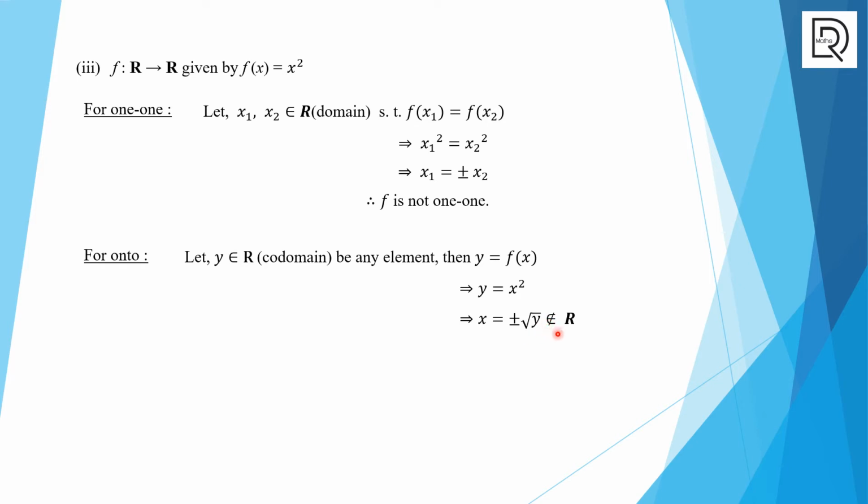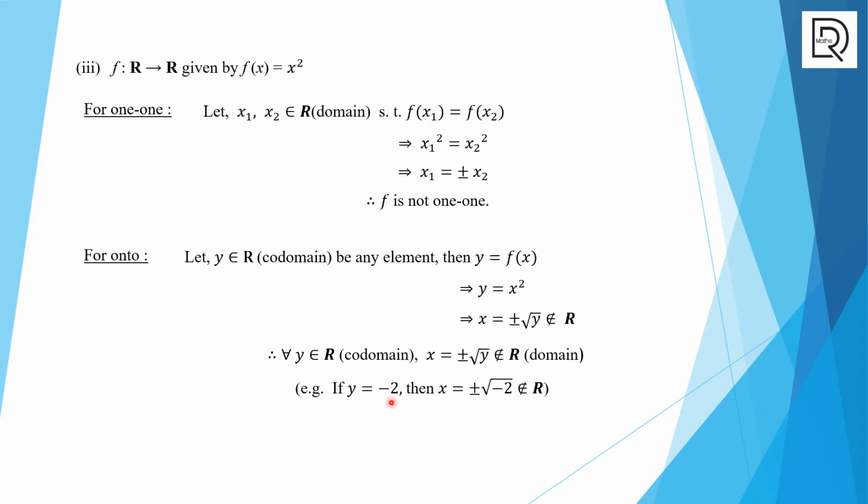This does not belong to R, because if you take the value of y as negative, that is, if you take y equal to minus 2 or minus 3 or minus 4, something like this, then this x does not belong to R. So for all y belonging to R codomain, x equals plus minus root over y does not belong to R. I give this example: y equals minus 2, then x equals plus minus root over minus 2. This is a complex number, so this does not belong to R. Therefore, f is not onto.